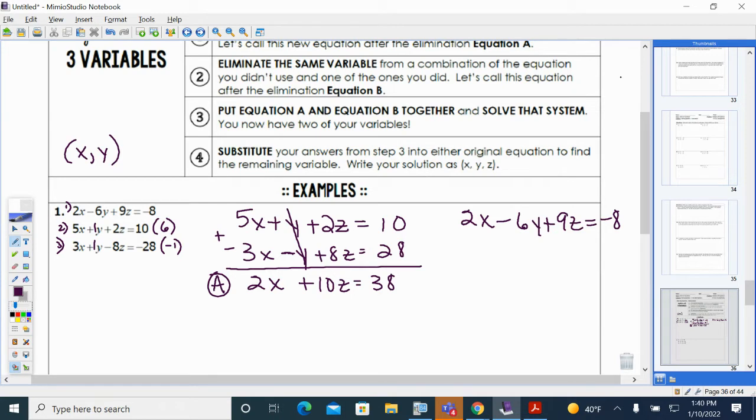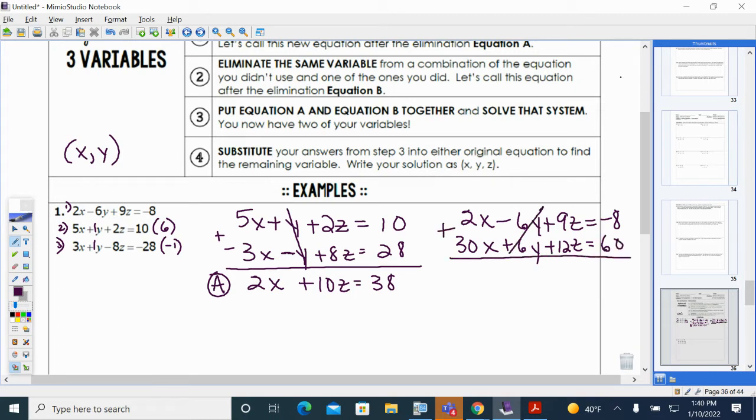So 5x times 6 is 30x. 1y times 6 is a positive 6y. Positive 2z times 6 is a positive 12z equals 10 times 6 is 60. And now I'm going to add these two together.